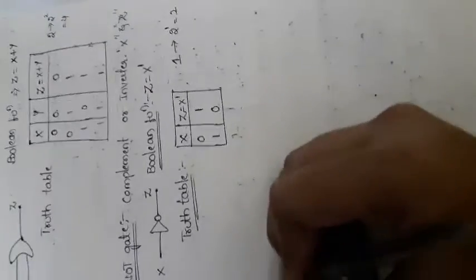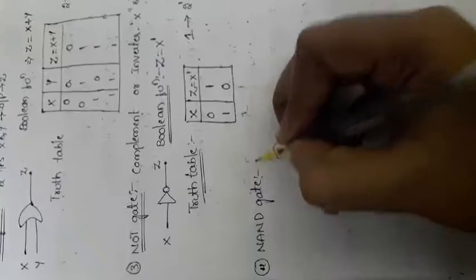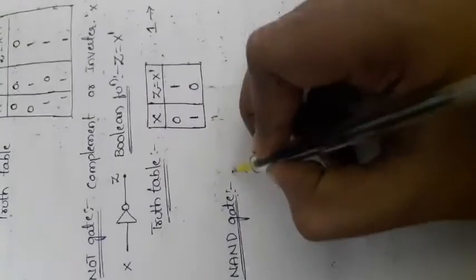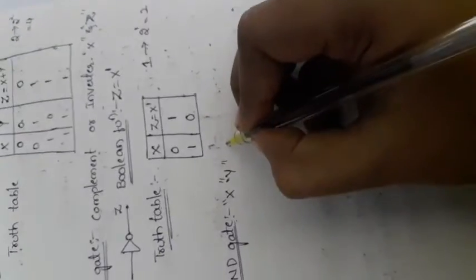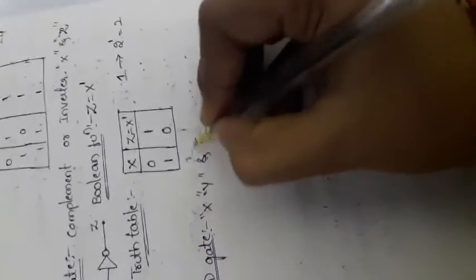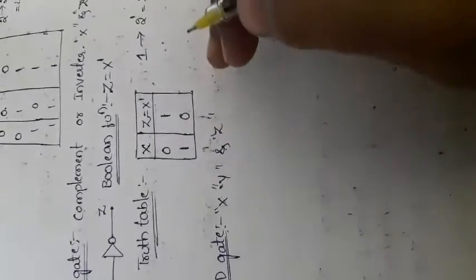So now these are the basic gates. Now we'll go for the next one, that is the NAND gate. What does NAND gate mean? This gate consists of 2 input variables and produces only a single output. That output is exactly the complement of the AND gate.